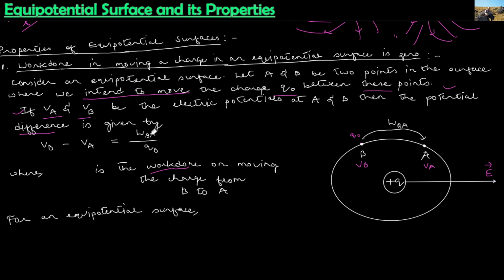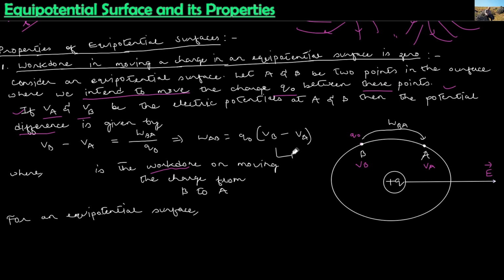WBA, which implies that this work done will be equal to Q naught times VB minus VA.